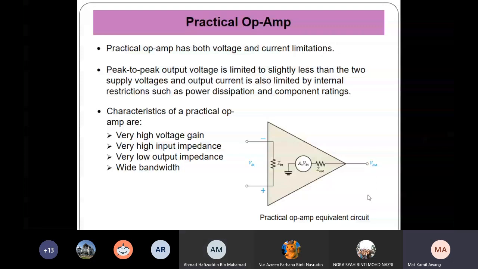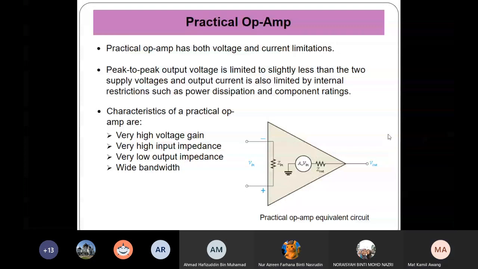So the voltage here is equal to the voltage input minus the voltage across this Z out. That's why the peak-to-peak output voltage is less than the two supply voltages, because you have some voltage drop in the amplifier.